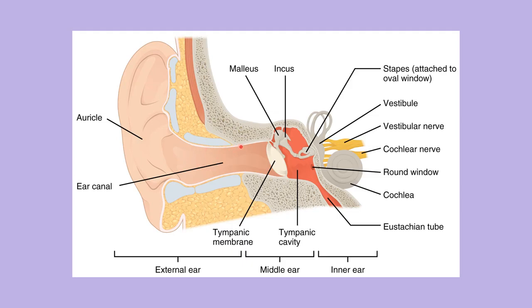There are cells that will produce wax to help clean it out; it's supposed to naturally flow out. Some people better than others, but you are not supposed to be sticking things in the ear canal. The external ear extends from what you see outside the body all the way to the tympanic membrane. Tympanic membrane, that's your eardrum. So all of this is the external ear.